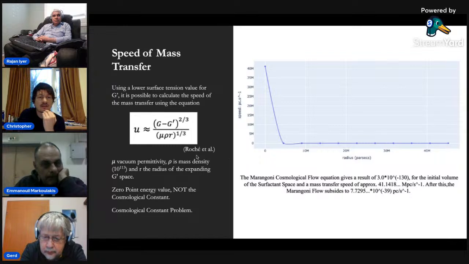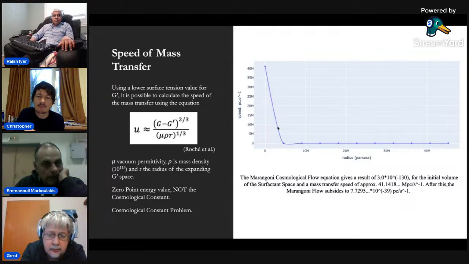This was developed by Roché et al., and the results can be seen in this graph here. So we obviously see a very rapid increase of speed, and then it gets much slower and eventually just peters out and stops.